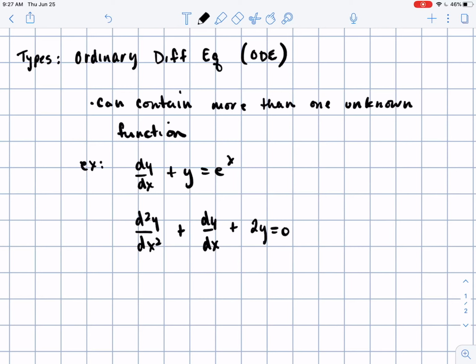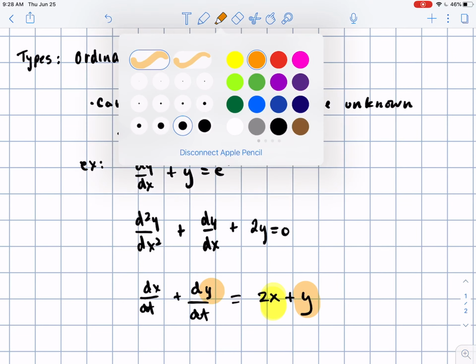So there you have only one unknown function, though we look at the first and second derivative. But you could also have something like this: the derivative of x with respect to t, plus the derivative of y with respect to t, equals some function 2x plus y, where, if you notice, you have two different functions, x and y.